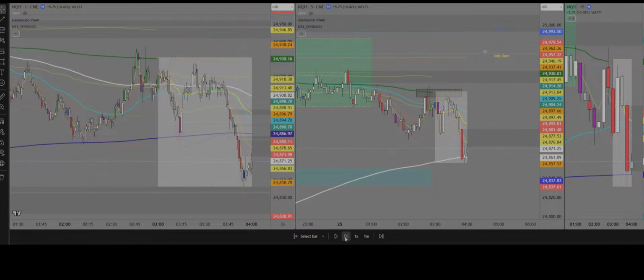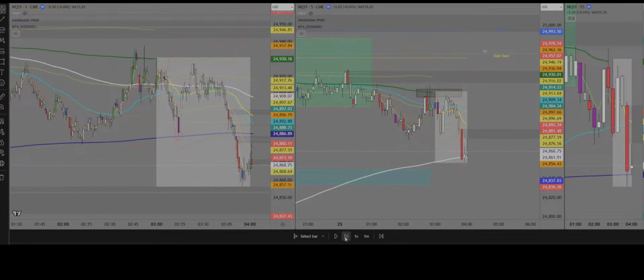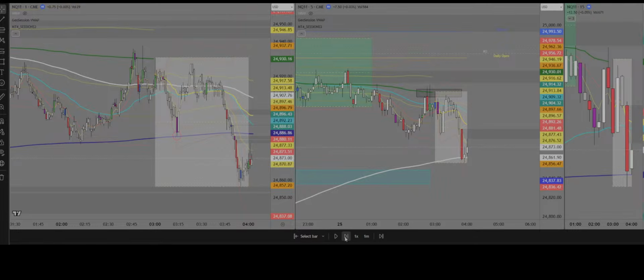New 5 minute candle. Thought I had somebody knocking on my door.